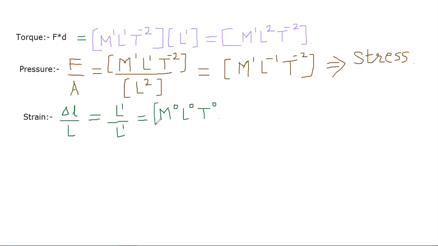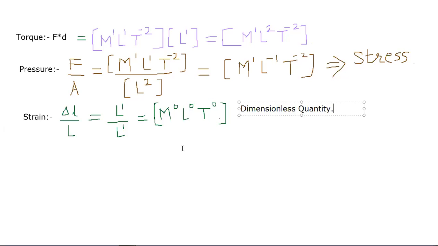Now all the three basic dimensions are raised to power 0. So what is the meaning of this? The meaning of this is that this quantity is a dimensionless quantity. So this strain, we call it a dimensionless quantity. It doesn't have the dimension.